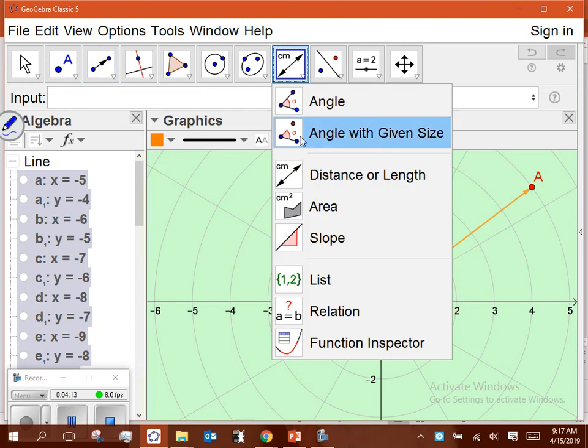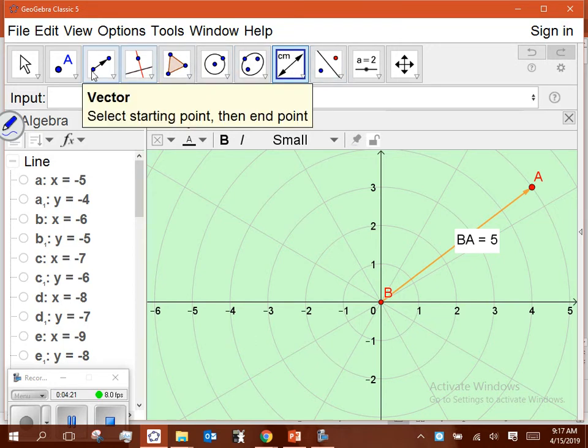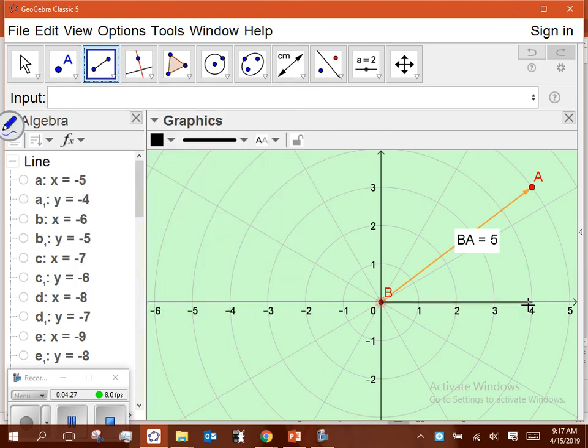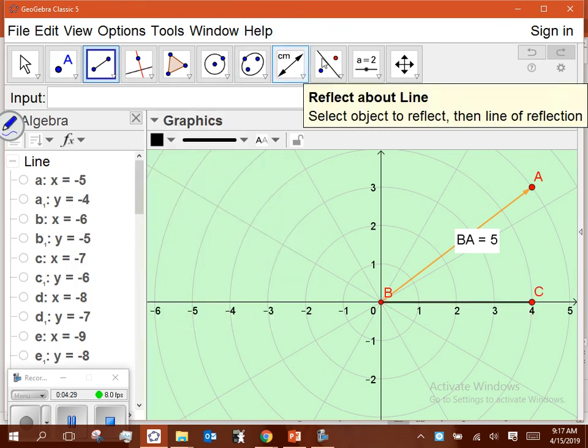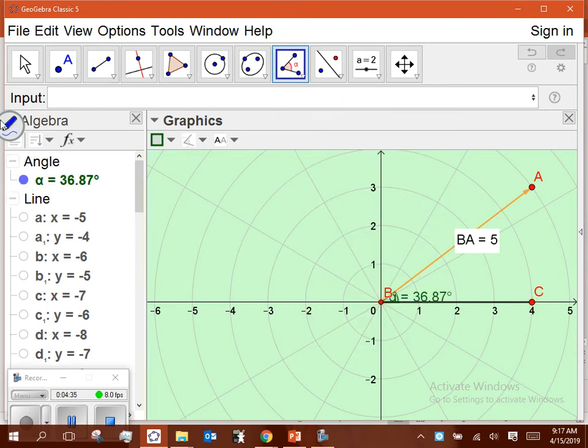If I ask for B to A's length, it's 5. Now, the other component that we need here is actually the angle in which we travel, 36.87 degrees.